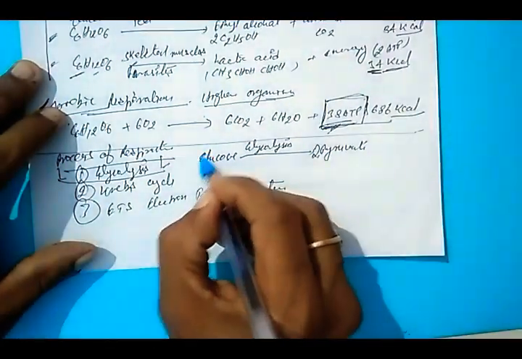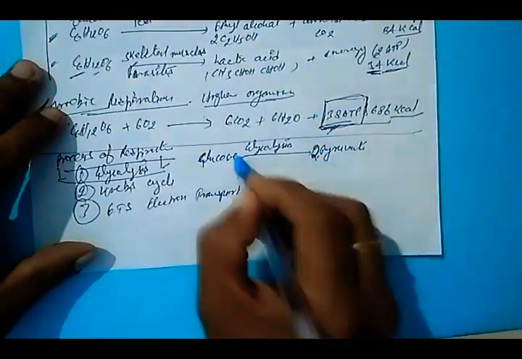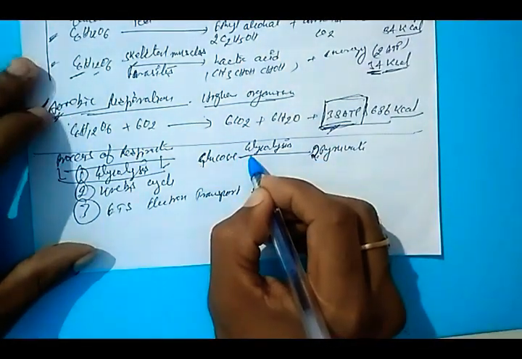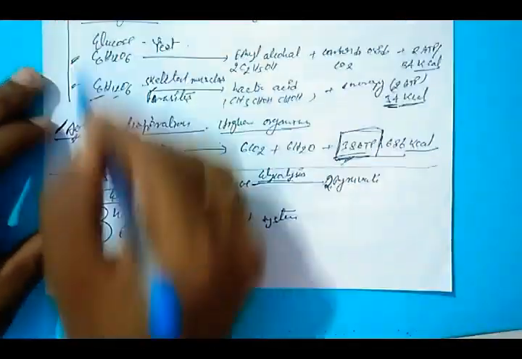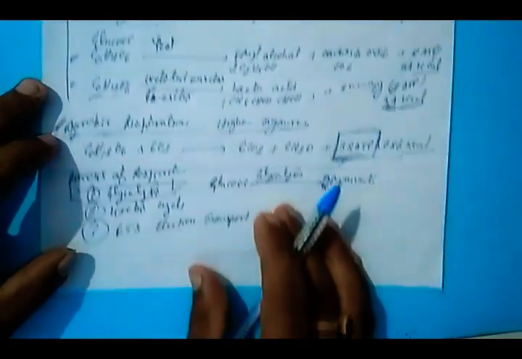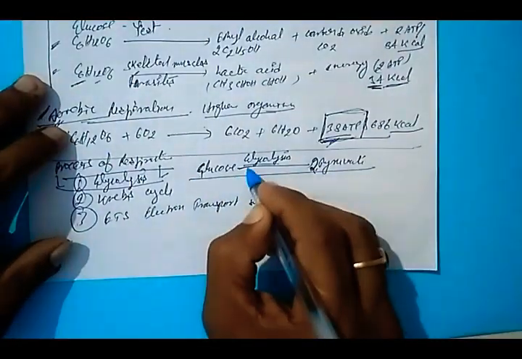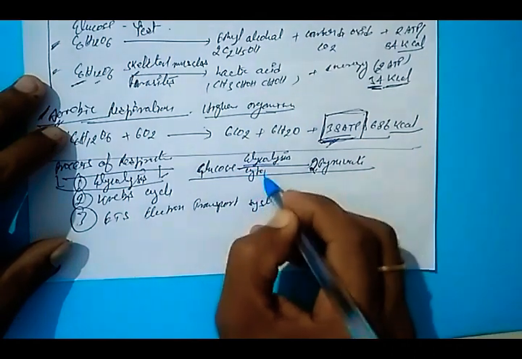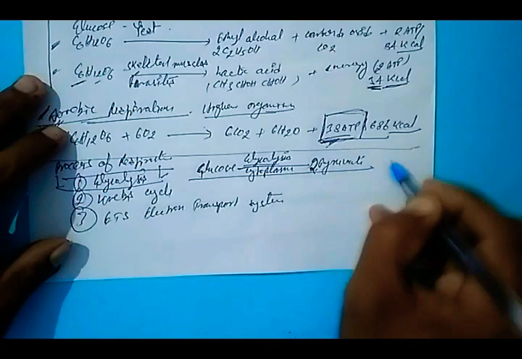One molecule of glucose gives two molecules of pyruvate by the process of glycolysis. This reaction is similar in aerobic respiration and anaerobic respiration. This reaction takes place in the cytoplasm, and there is no need of oxygen.